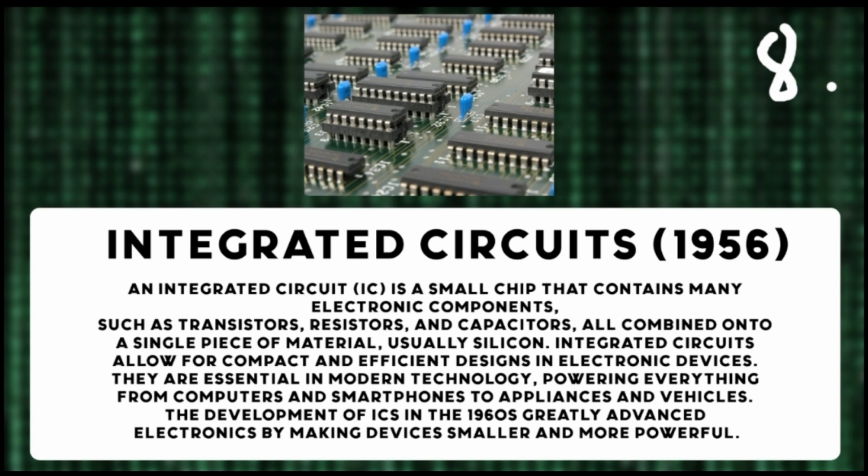Could be your fridge, AC, could be anything. They're also used in vehicles, in buses, vans, cars. Electronic cars have also come into being. Integrated circuits are very revolutionary and can be used anywhere depending on the machine.